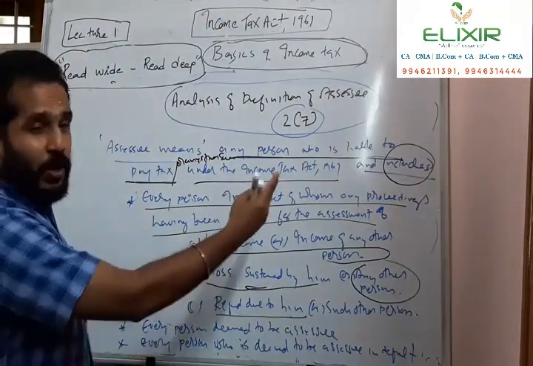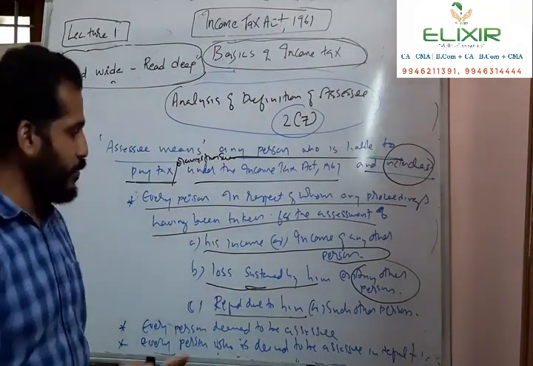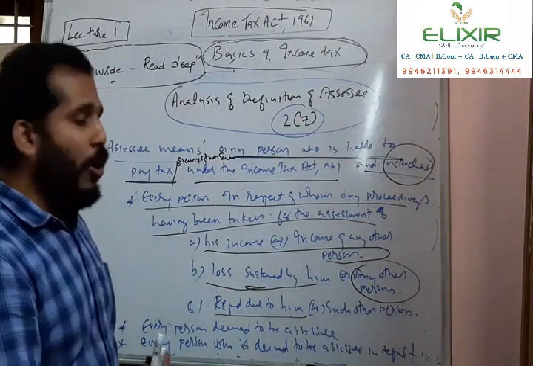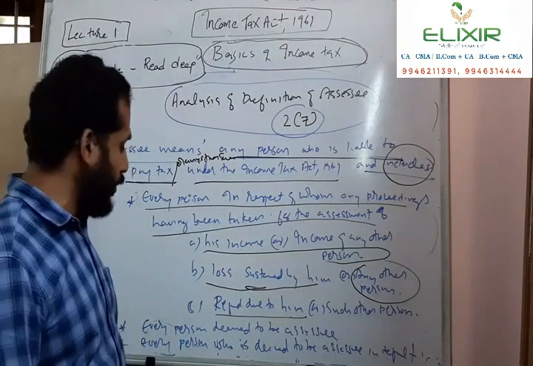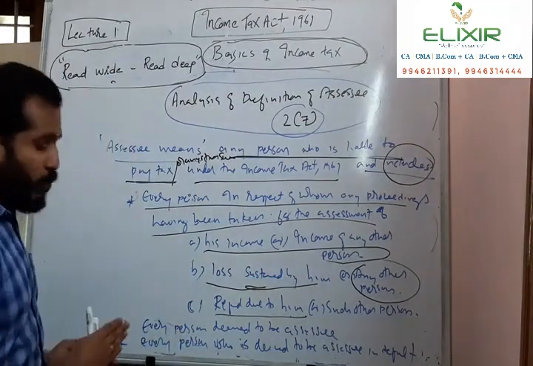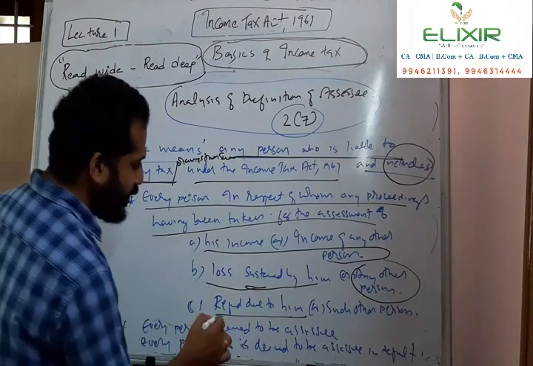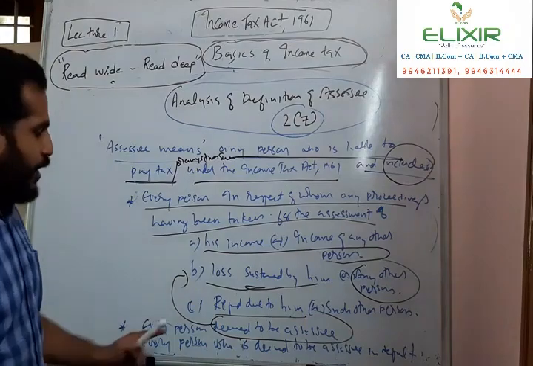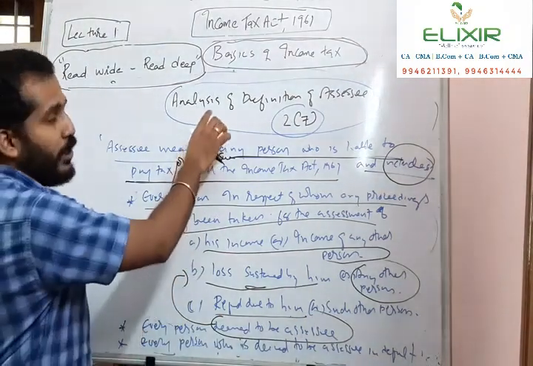So this is the inclusive part: every person in respect of whom any proceedings have been taken for the assessment of his income, the income of any other person, the loss sustained by him or by any other person, the refund due to him or to any other person, and, the most important part, every person deemed to be an assessee, connected with the third condition. Every deemed assessee is also part of the term assessee.